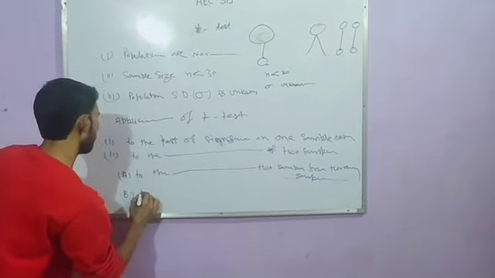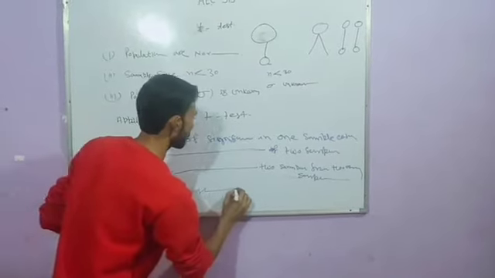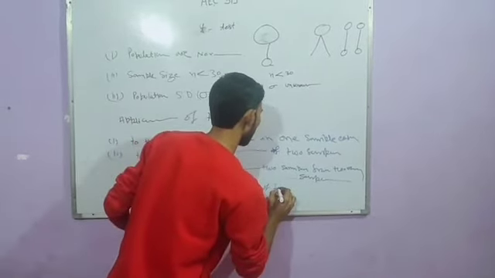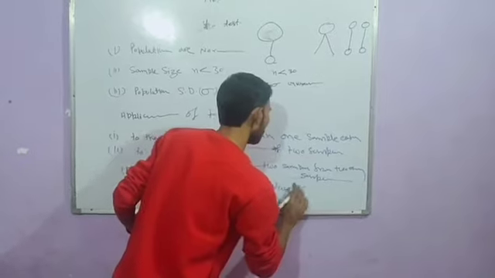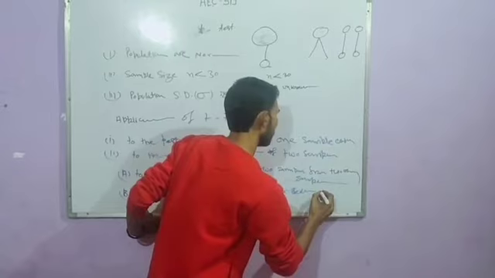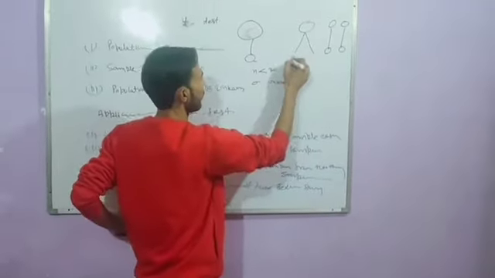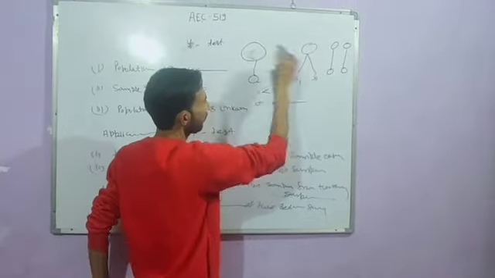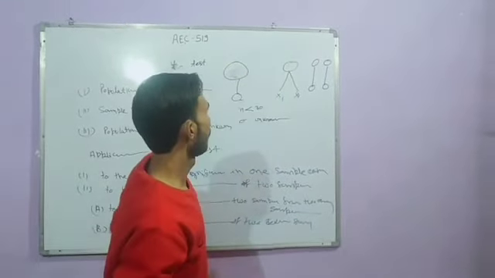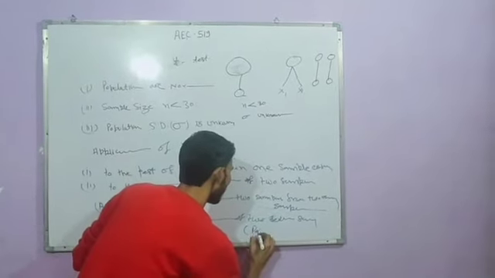B: the test of significance of two dependent sample cases. If we draw two samples from one population, it is also called the paired t-test.